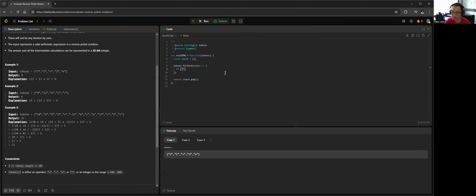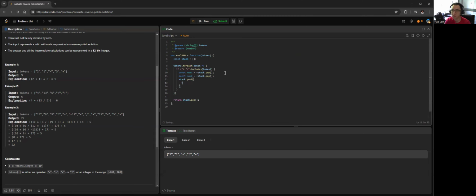If the token is an operator, we will pop it off. So num1 equals stack.pop, num2, and we need to push the new result in there.